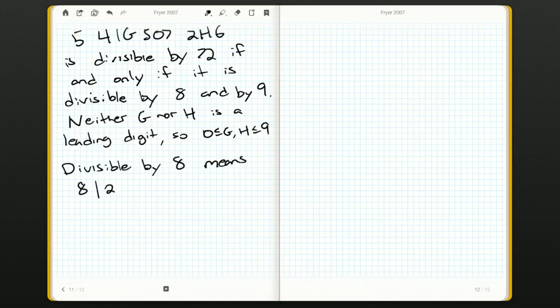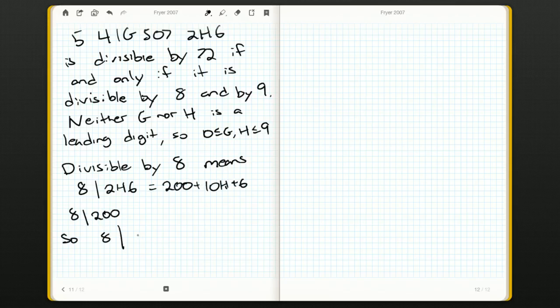That means 8 divides 200 plus 10H plus 6. 8 divides 200.